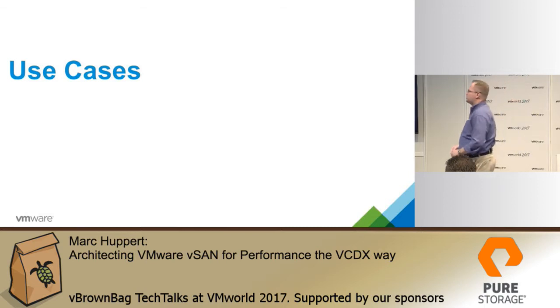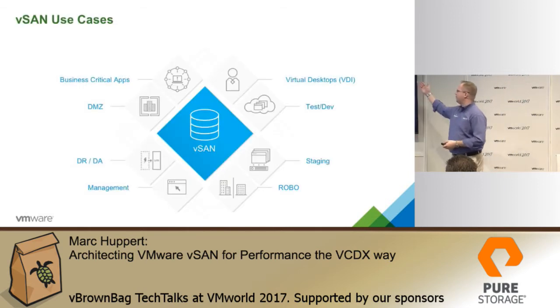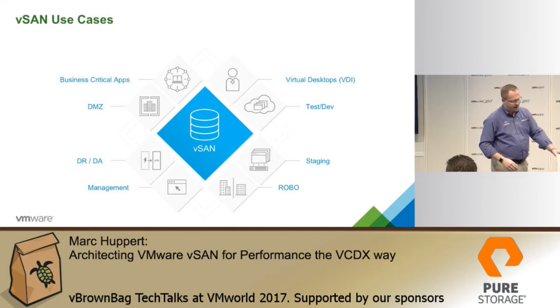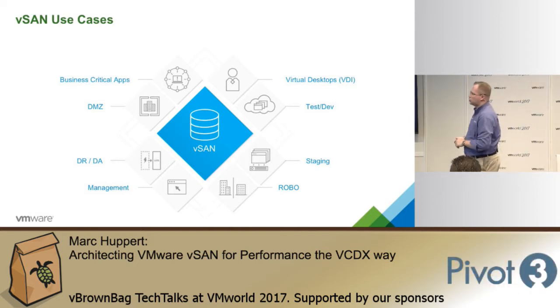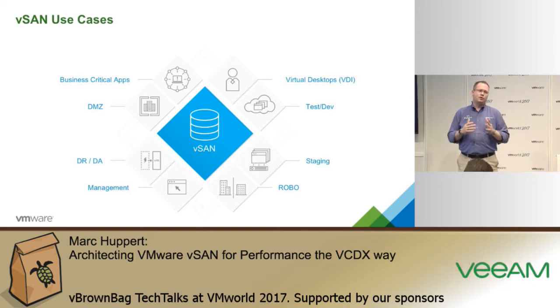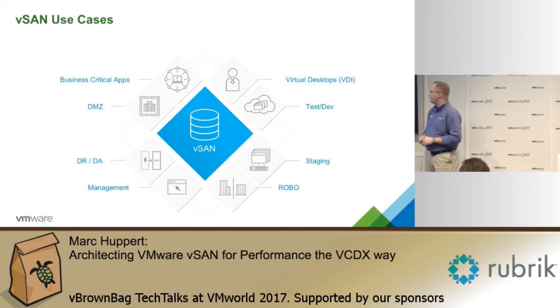So we're talking about several use cases. VDI, actually, I'm working at a customer site in Germany, in Munich, who's going to virtualize 3,500 desktops, and their main decision was to do it on vSAN and not on traditional storage. This is one of the hugest projects right now in Germany.